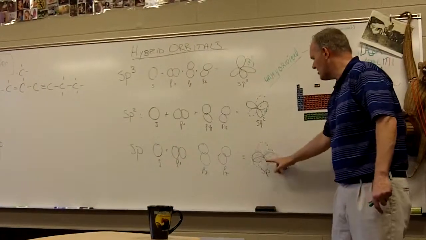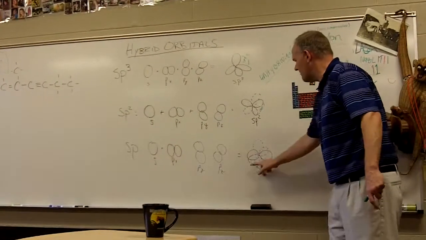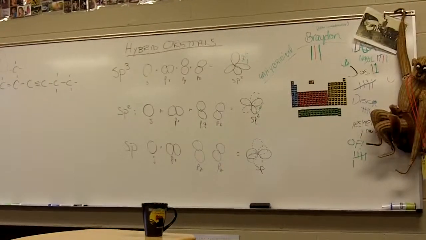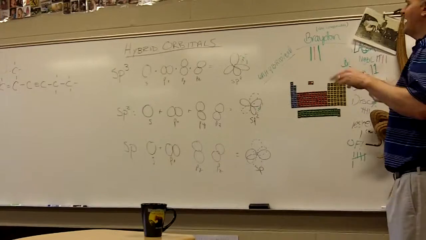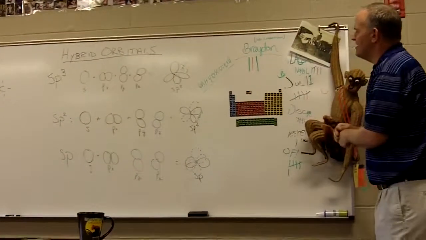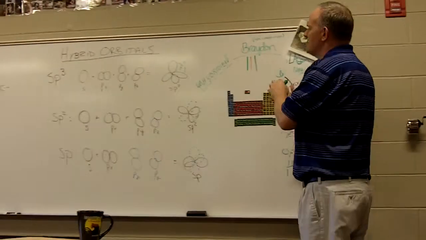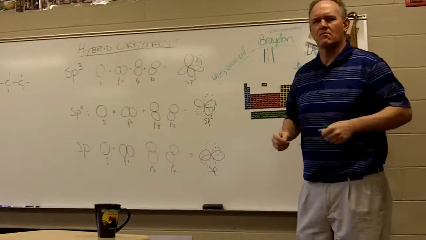I've tried to put two dotted lines. Here's my py right here, and here's my pz left over. And so those are what hybrid orbitals are. Now what we're going to see is we can use this basic idea of how these things look and what their angles are in order to predict the shape of an organic molecule.